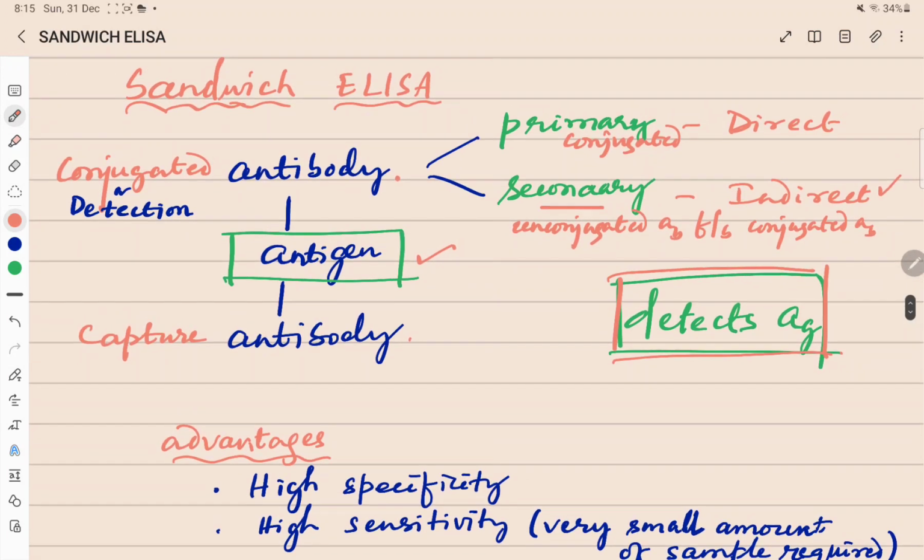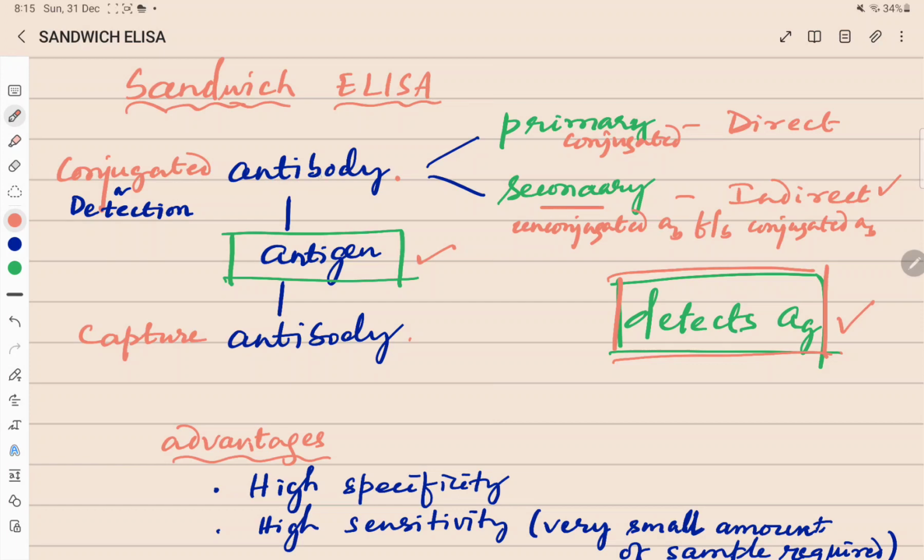So this sandwich ELISA detects antigen more specifically than the direct ELISA. In direct ELISA, the antigen is in direct contact with the conjugated or detection antibody, and in sandwich ELISA, the antigen is sandwiched between them.